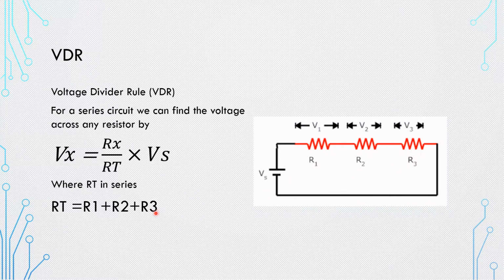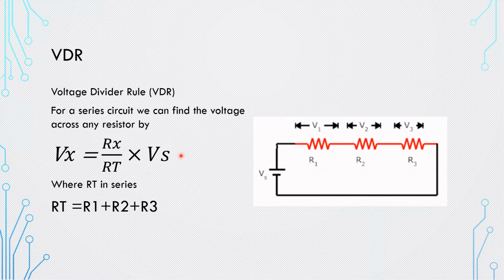In this case we're going to apply this formula to find the voltage across each resistor. To find the voltage, you have to know the resistor value and the total resistance of all the resistors connected in series. So you have to emphasize series connection. If you don't have series, you cannot apply this formula.